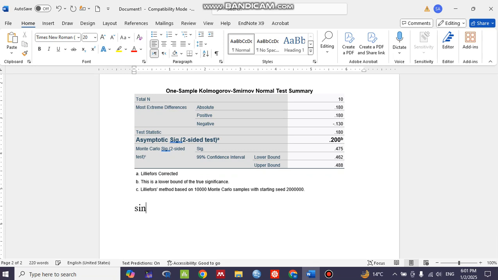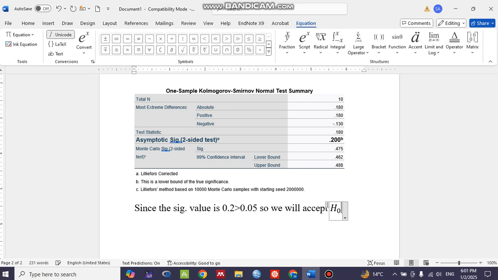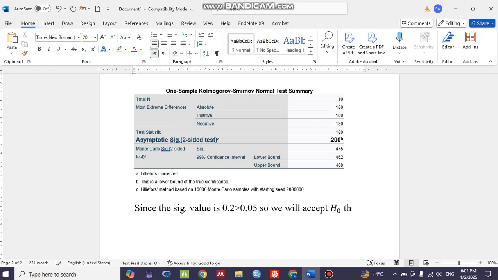So we will say that since the significance value is 0.2, which is greater than our alpha, that is 0.05, we will accept our null hypothesis, that is, data is normal.